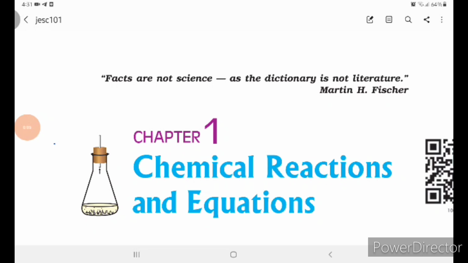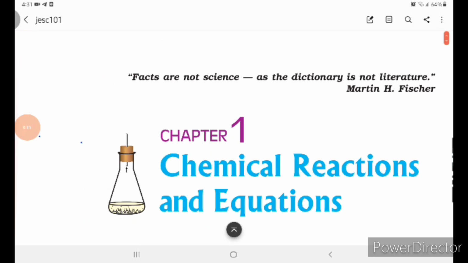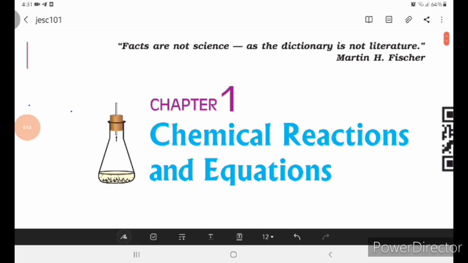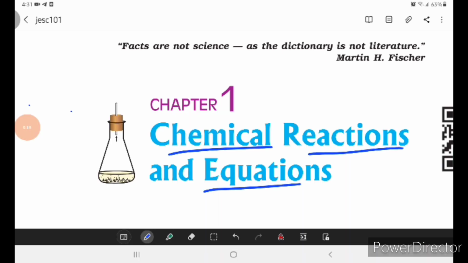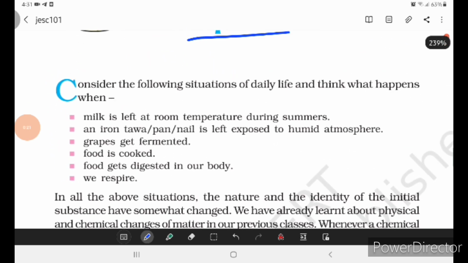So today we are going to start chapter 1 from class 10 science, that is chemical reactions and equations. We are going to start chemical reactions and equations today. Firstly, let's start knowing about the basics for this chapter.